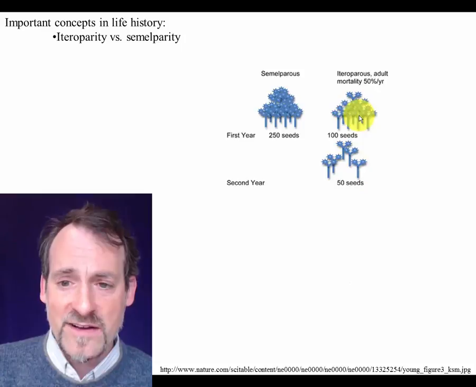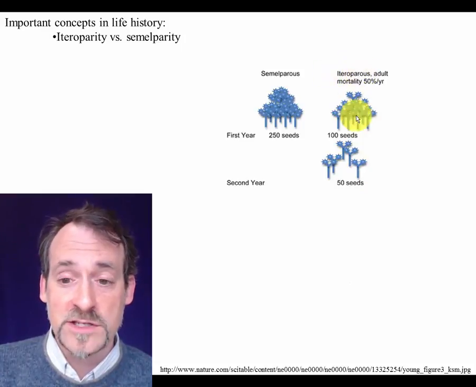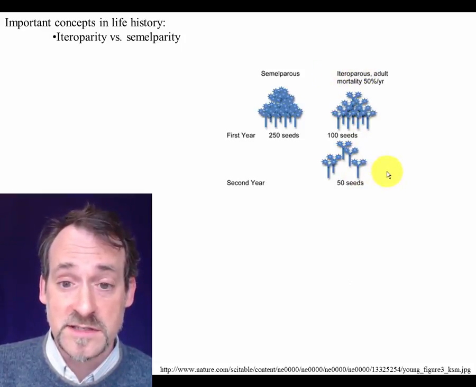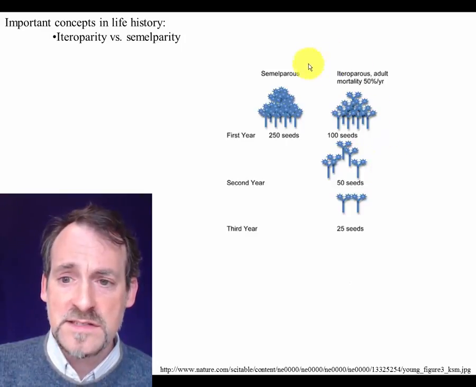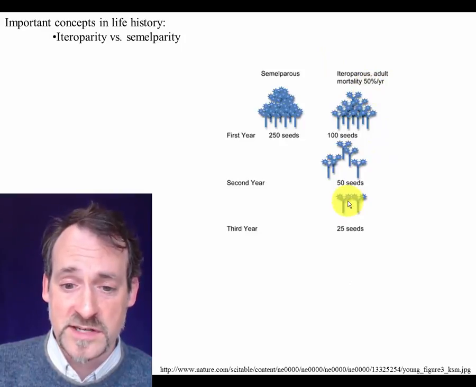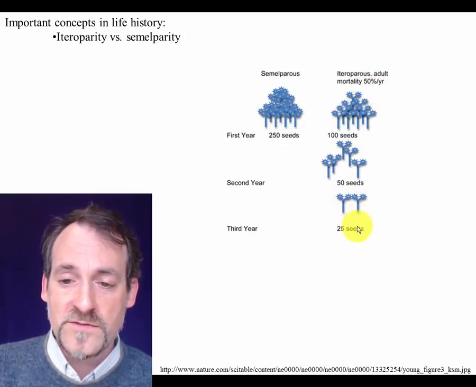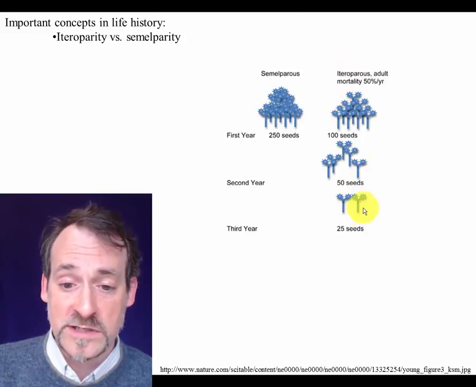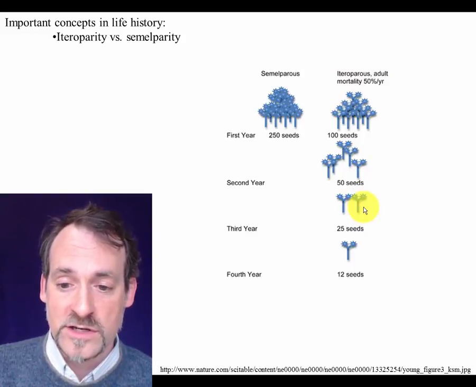So on average, each one of these iteroparous plants will only have 50 seeds in year 2. The cost of mortality keeps increasing. Only 25% of the iteroparous plants will make it to have seeds the third year, and so on average, an iteroparous plant can only expect to have 25 in its third year, and so on.